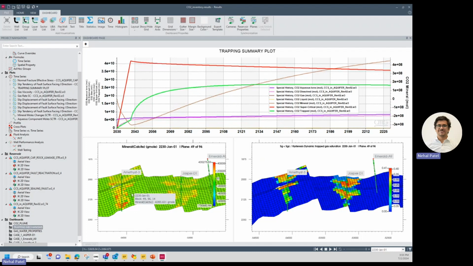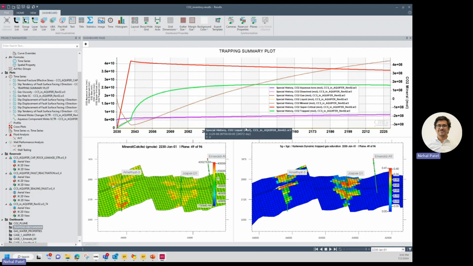Here this is CO2 formed in mineral at the end of our simulation. We can see that around the wellbore some of the CO2 is being precipitated as mineral. Here we are looking at the CO2 because of the hysteresis. We can run this and see dynamically how CO2 in minerals or CO2 due to hysteresis is formed.